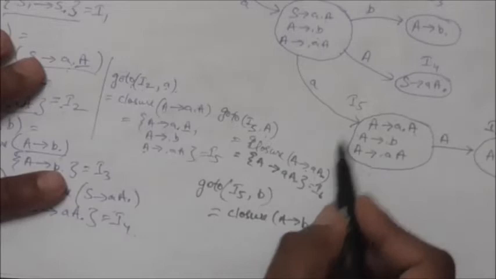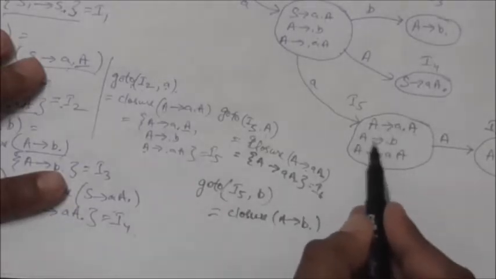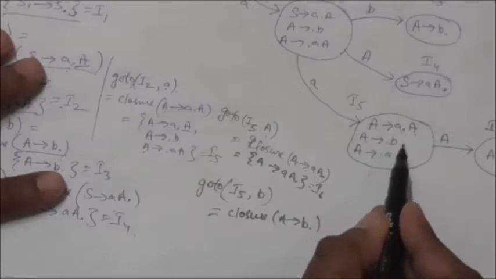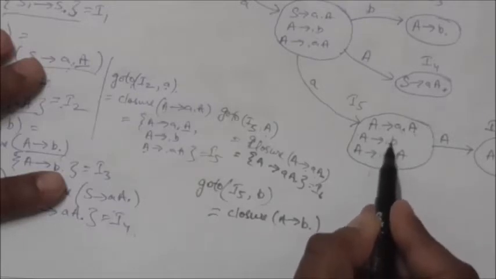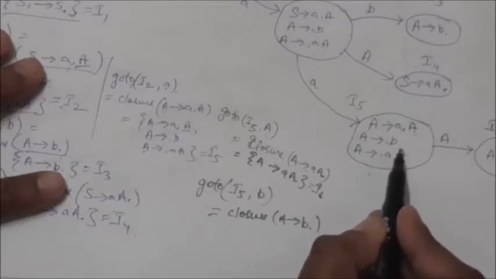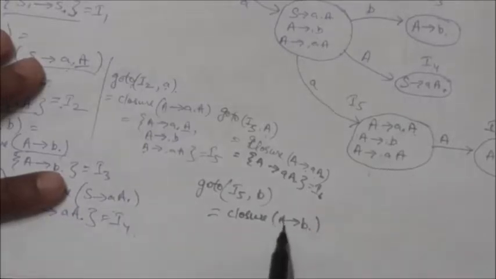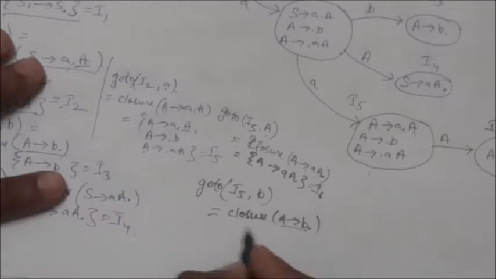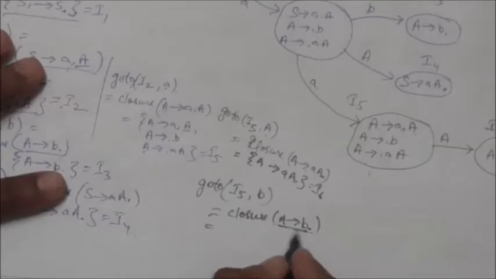Because in state I5, only this item has the dot preceding this terminal symbol B. So this dot will be shifted to the right of terminal symbol B. Then we will get this item A derives B dot, and now we have to find its closure. Now see that dot is not preceding any non-terminal symbol, so no new item can be added in the closure. Only one item will be there in the closure, that is A derives B dot.